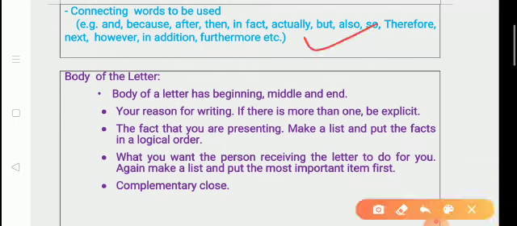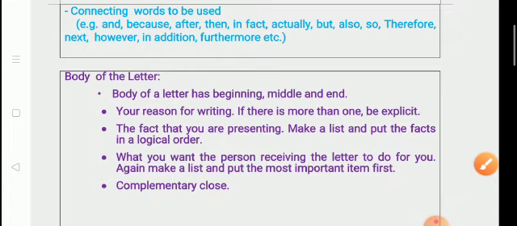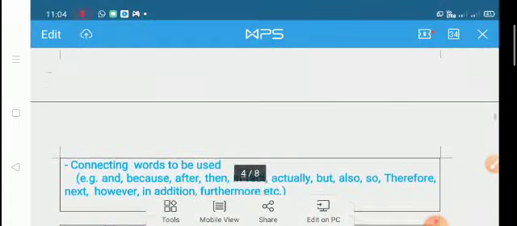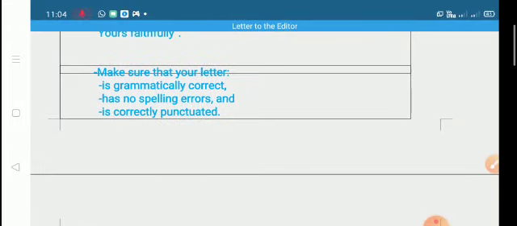So we should have knowledge about them. And a very important point is that because you are assessed for all these things, you should ensure that your letter is grammatically correct, has no spelling errors and is correctly punctuated.